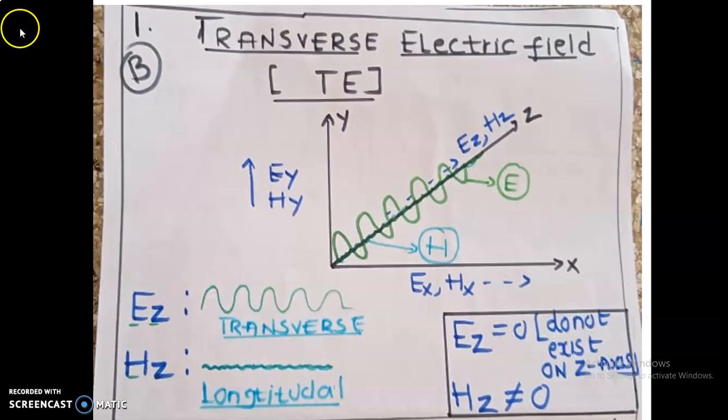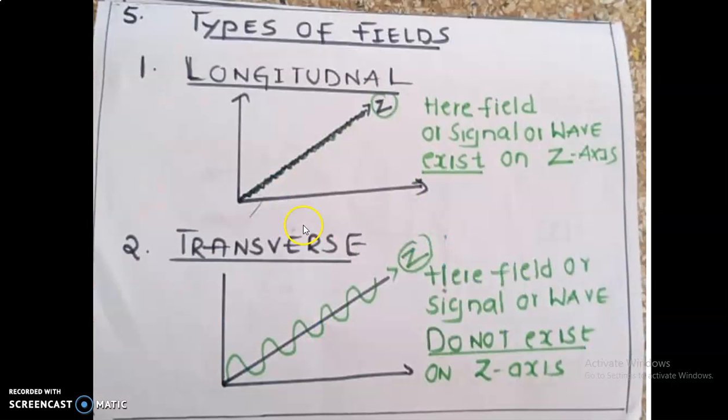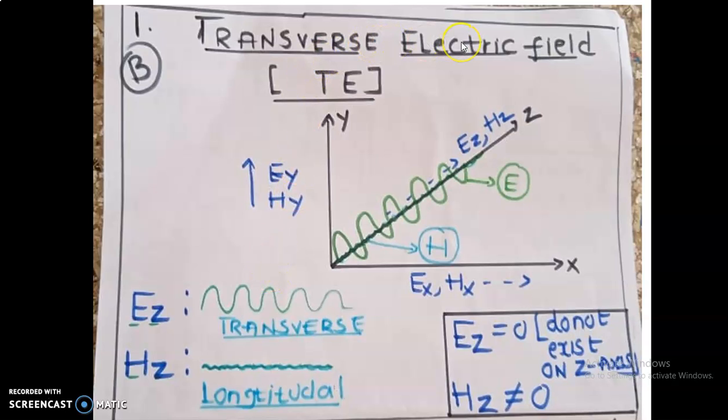Then next, observe the topic called transverse electric field. Transverse means oscillation. To whom are we going to be transverse? To the electric field. So the electric field is going to oscillate. Then what about the magnetic field? Obviously, if the electric field is transverse, then the magnetic field should be longitudinal. Now, who will exist in the z-axis? The thing which is longitudinal will exist on the z-axis, but the thing which is oscillating won't.